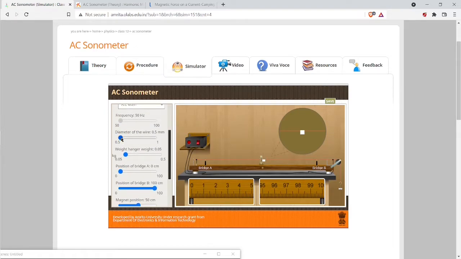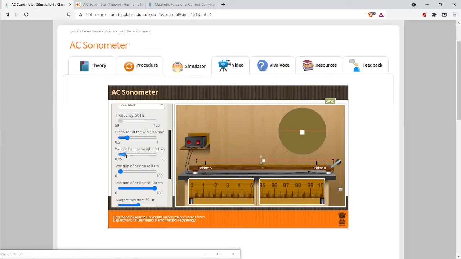Don't look at this 50 hertz. This is the diameter of the wire, let it be 6.6. Okay, now the weight of the hanger, we can keep it at 0.1.